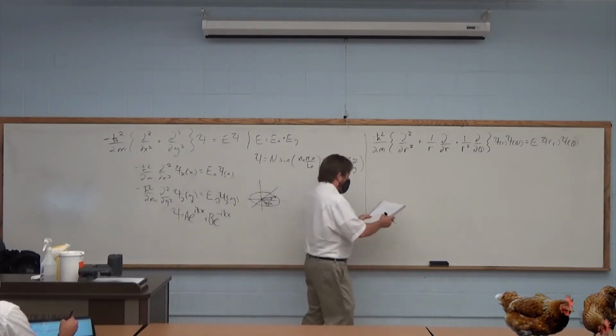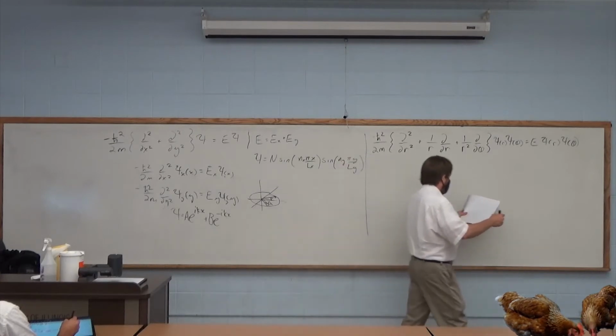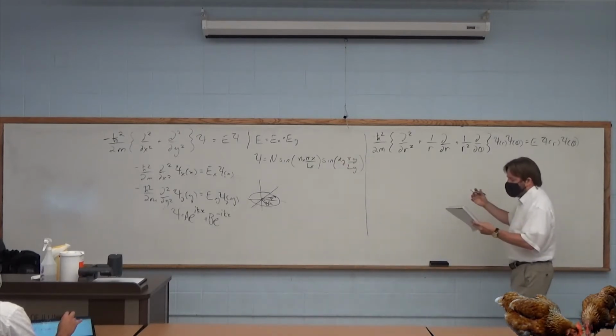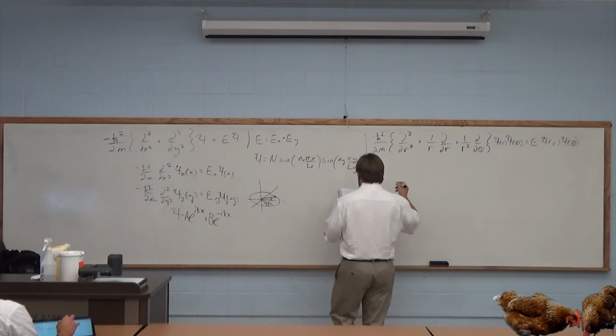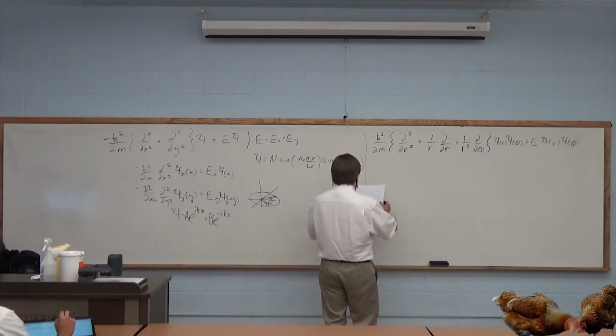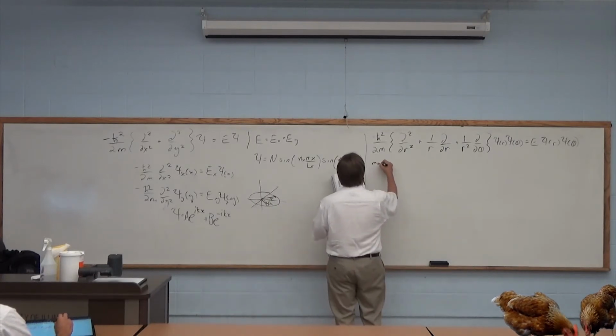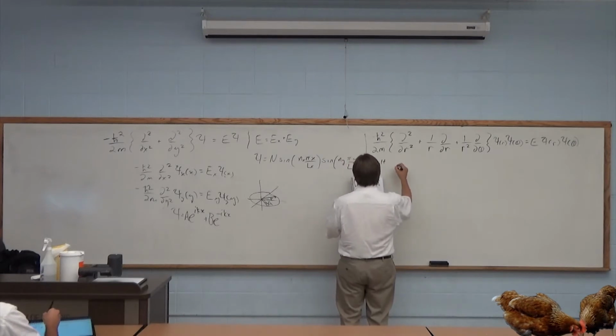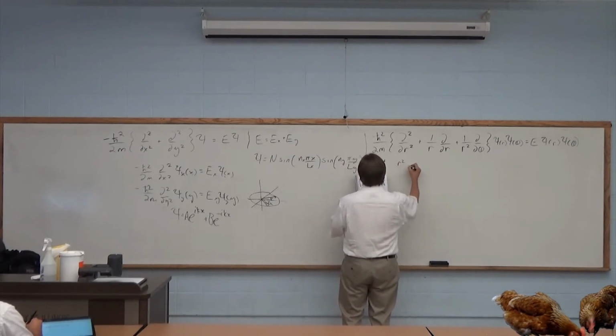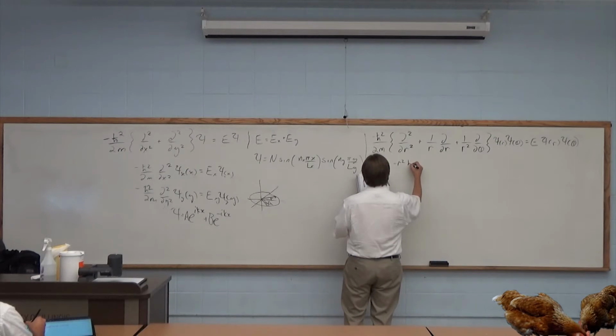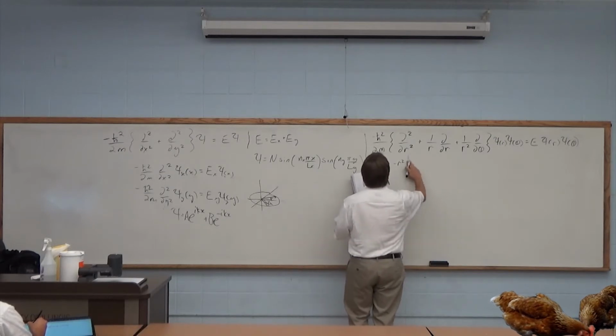Now last time I mentioned we're going to multiply by constants, so I'm actually just repeating what I said last time. I probably shouldn't take too much time on this. 2m.